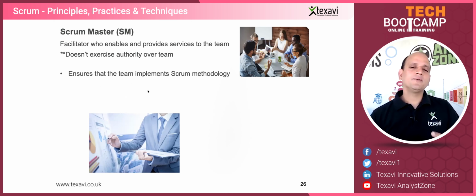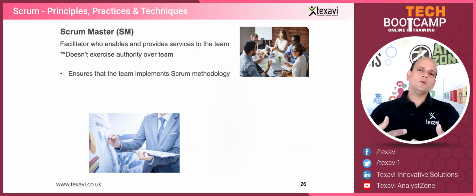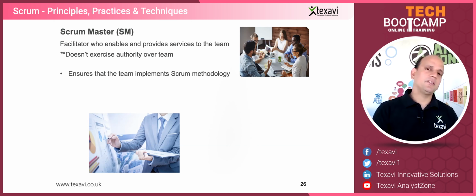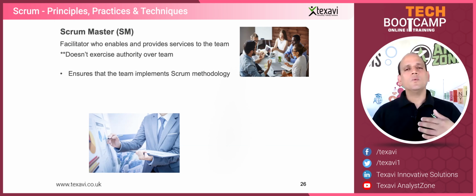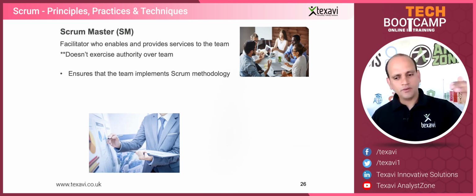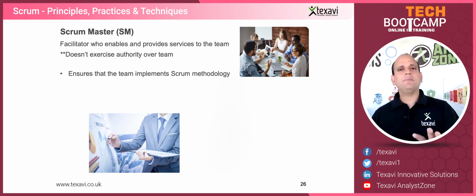What does the Scrum Master do? They actually help the team understand what this whole Scrum methodology is all about. So somebody like me comes into a team and explains, does a bit of training around it, gives them some examples, works with them, sets up the process, has some artifacts, sets up the Jira board, and works with the team in terms of how the Jira boards, the Kanban board essentially, are done.